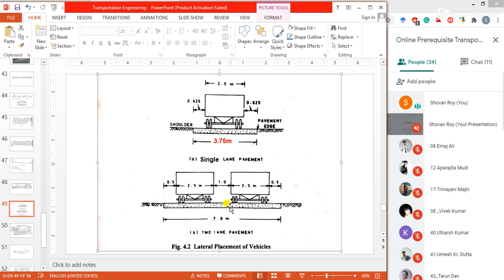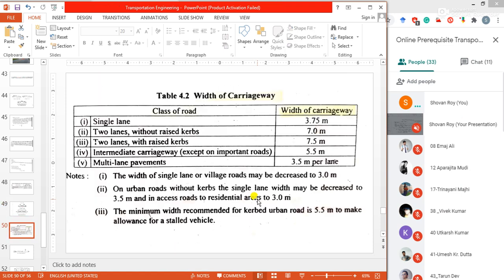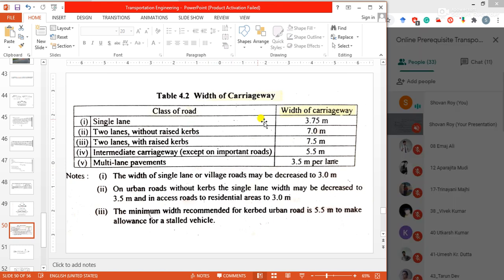In such highways, the road width depends on the pavement width and the width of traffic separators. The widths of carriageway for various classes of road restricted by Indian Road Congress codes are given in this table. Normally, for single lane roads, the width of carriageway should be 3.75 meter.